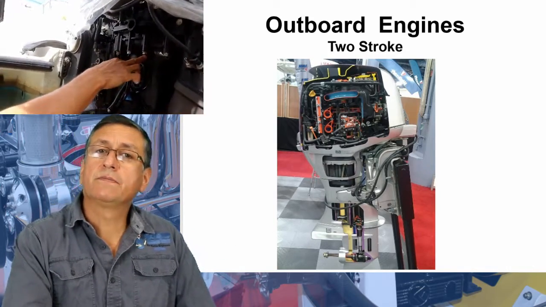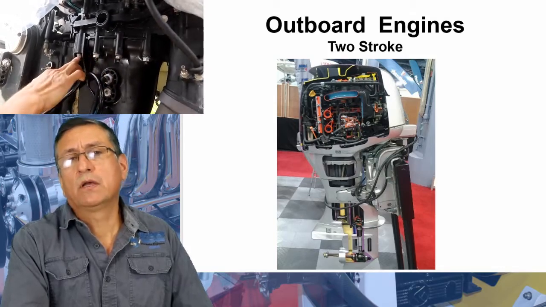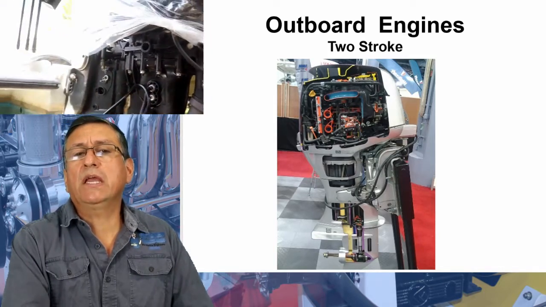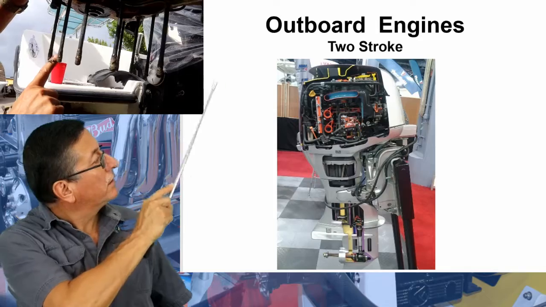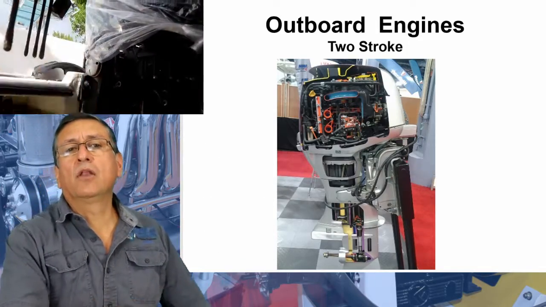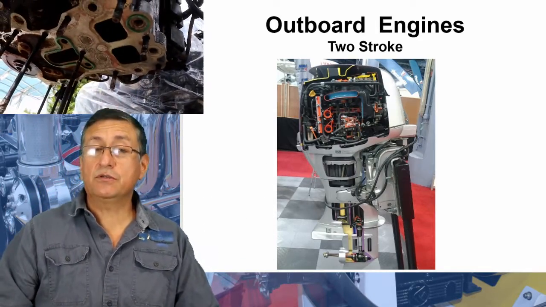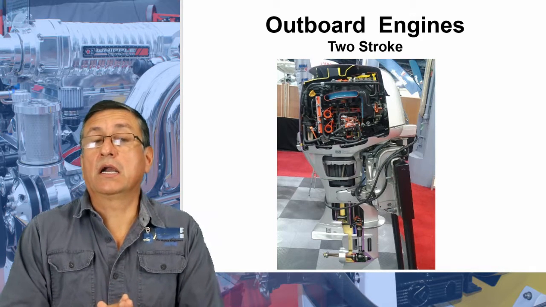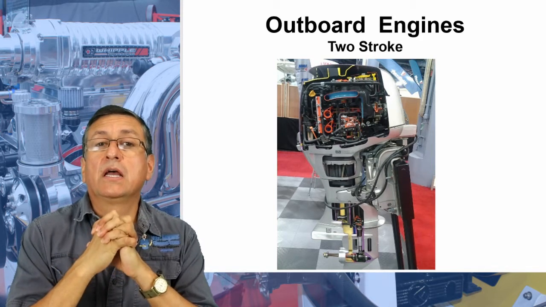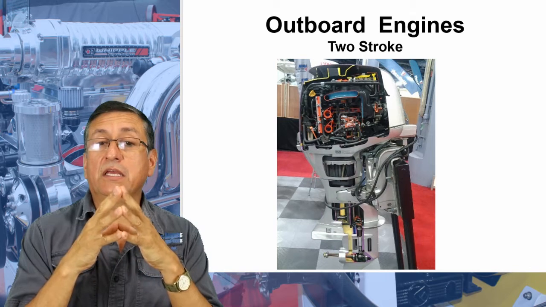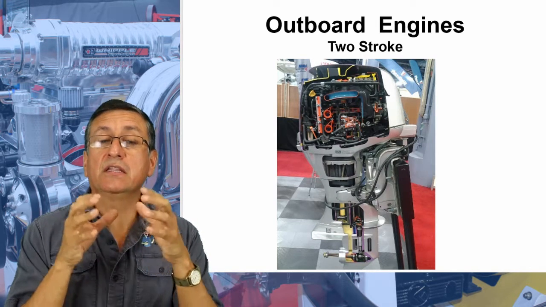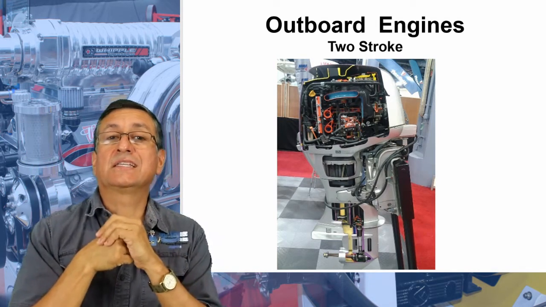It is the gear case, the gearbox, or transmission. We have 3 elements: the power head, the middle section, and the lower unit. Those 3 sections are the components of the outboard, and we are going to study each of those components in this class and the next coming class, transmissions.